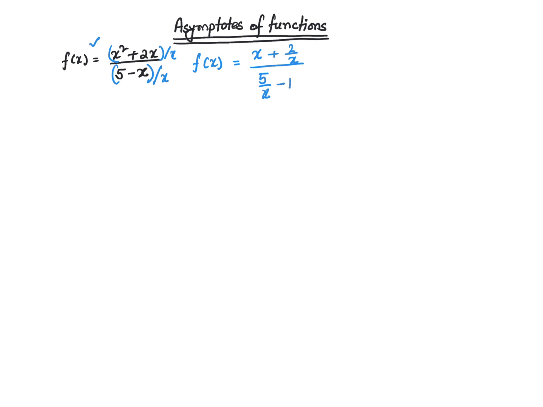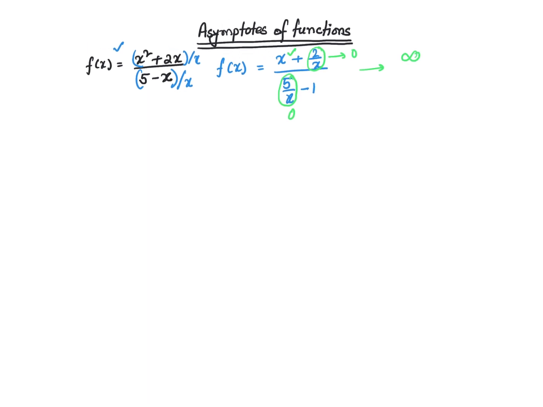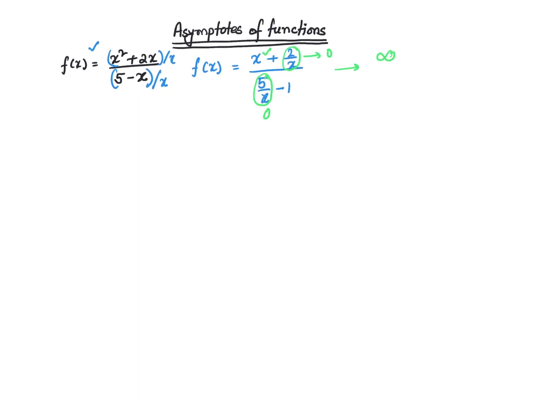As x approaches infinity, what happens? 2 over x approaches 0. 5 over x approaches 0 as well. And then, of course, x goes to infinity. So I have something going towards infinity, but it is being divided by a negative number, because 5 over x goes to 0.